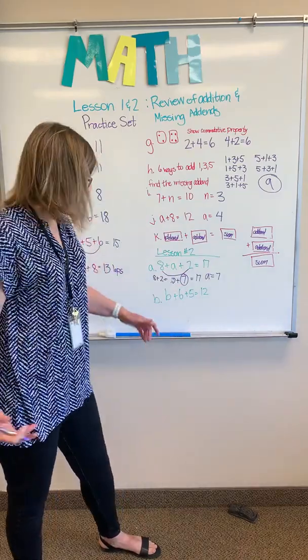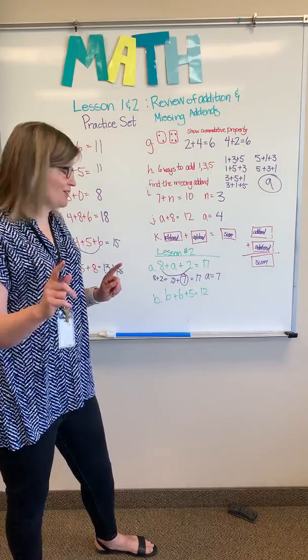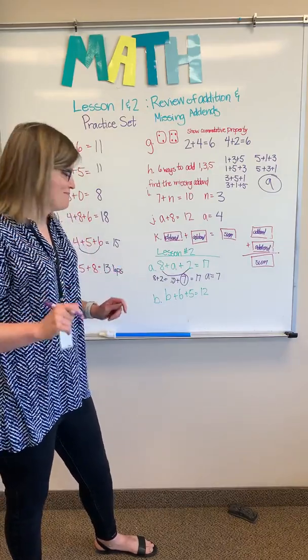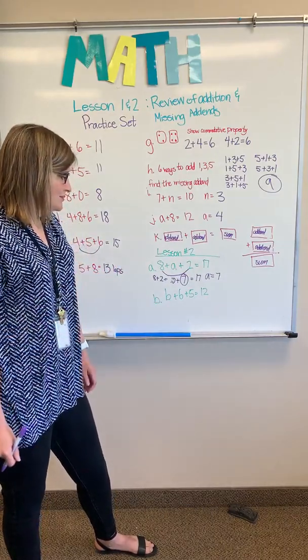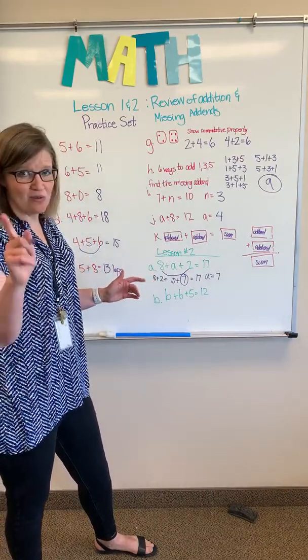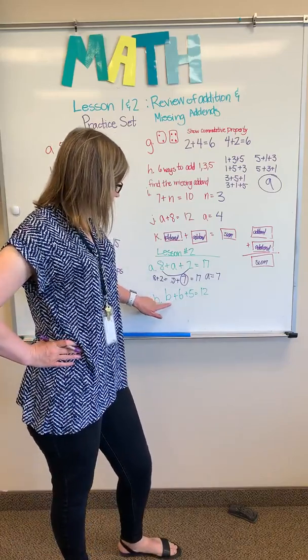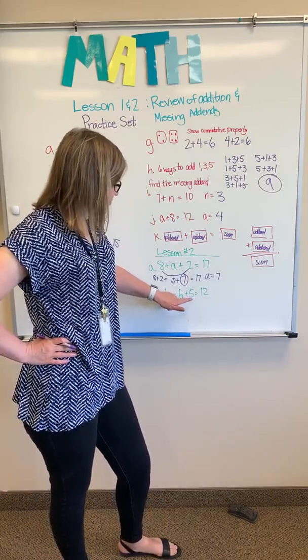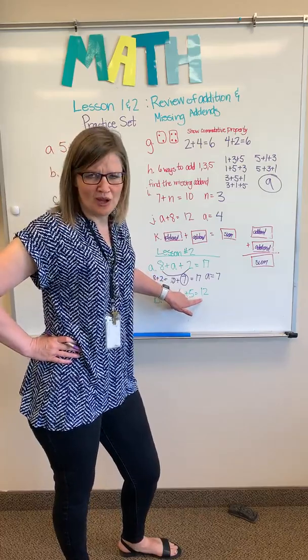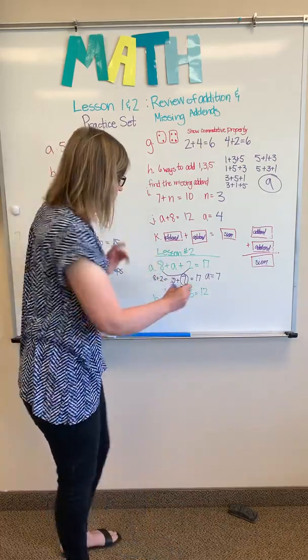So fun. Our next one. Let's see if you could solve this without me. Oh, bummer. We're not seeing a lot of 10s, but that won't slow us down. B plus 6 plus 5 equals 12. Once more, I have to think.